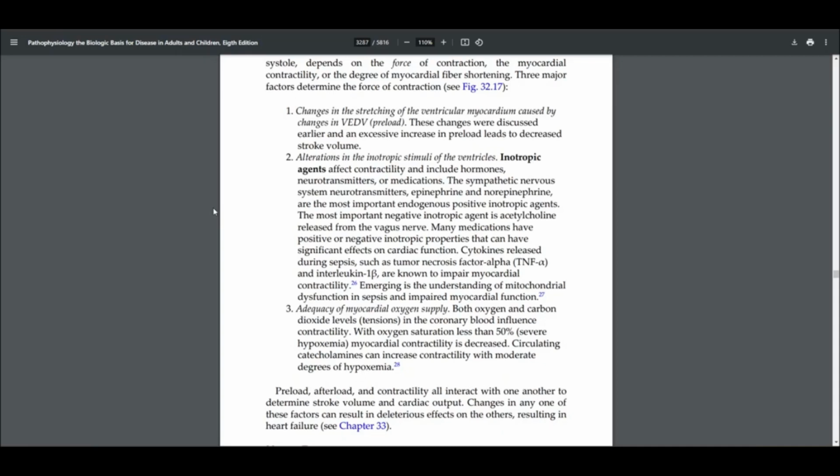Emerging is the understanding of mitochondrial dysfunction in sepsis and impaired myocardial function, which explains why a septic patient becomes hypotensive: they are no longer getting that positive inotropic effect from epinephrine and norepinephrine, the neurotransmitters of the sympathetic nervous system.